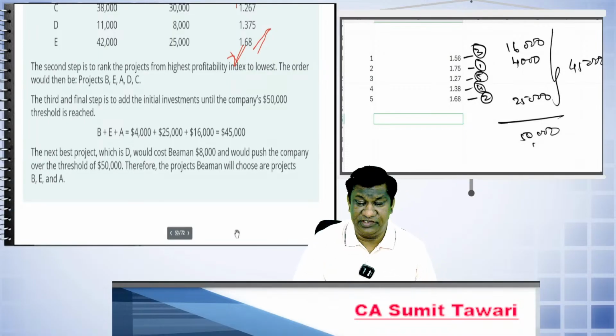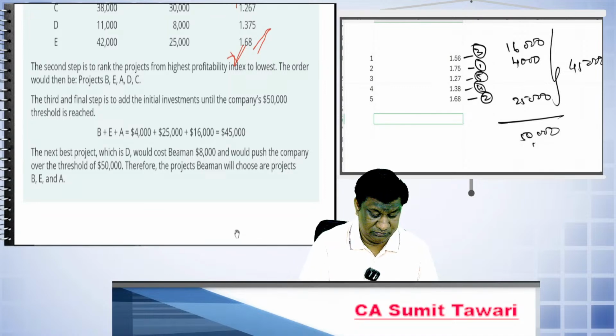Okay. Any doubt here? Profitability index, net present value.